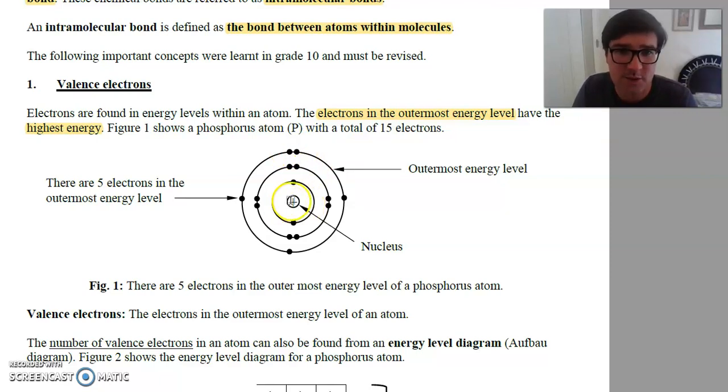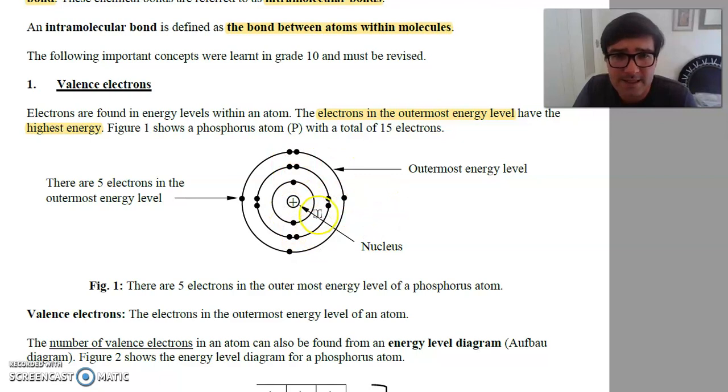The distance between the nucleus and those electrons is also bigger, and therefore they've got less attraction on those electrons. And because the attractive force is smaller, it means that those electrons now have more kinetic energy and they can move faster because they're not held back by that attractive force.